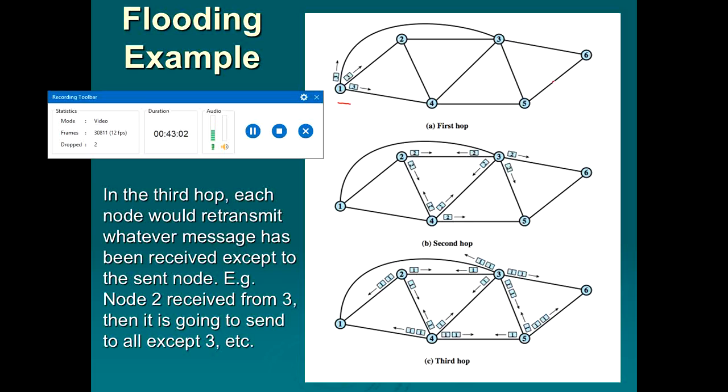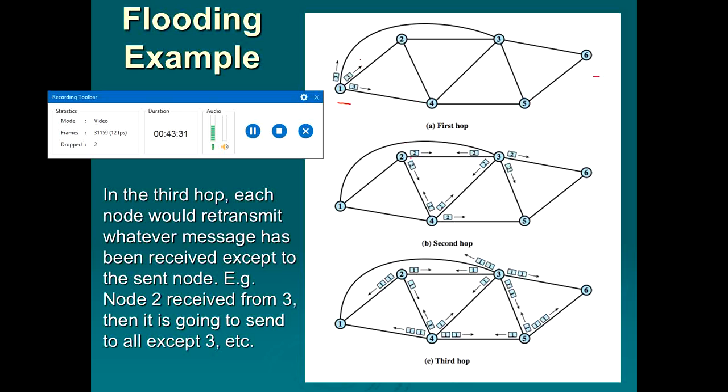So if a node has a packet to send to node 6, first of all, in the first hop, it will send a copy of the packet to its neighboring nodes. Node 1 is attached to 2, it is attached to 4, and it is attached to 3. So it will send a copy of the packet to nodes 2, 3 and 4.